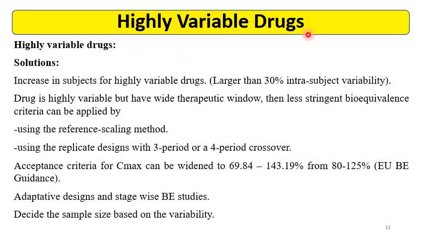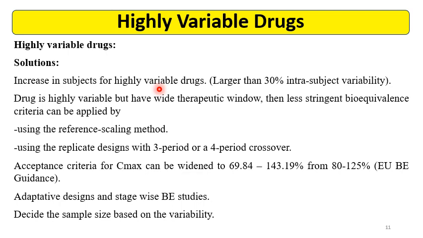Then what are highly variable drugs, and what are the solutions for highly variable drugs? So the increase in the subjects for highly variable drugs is one of the main solutions, but increasing the subjects and getting the bioequivalent data is not always possible.